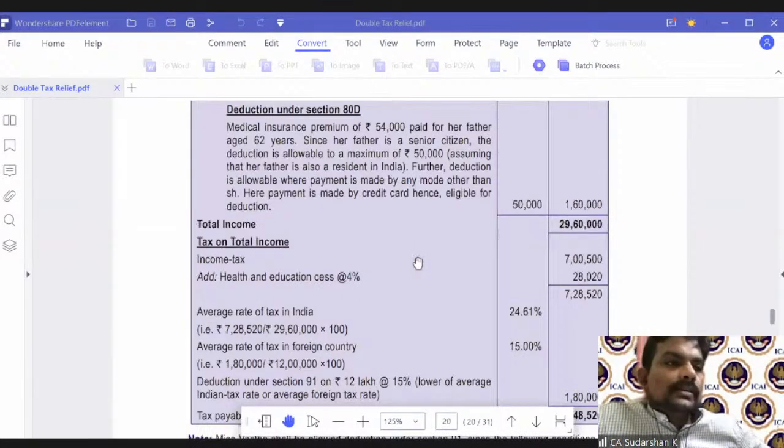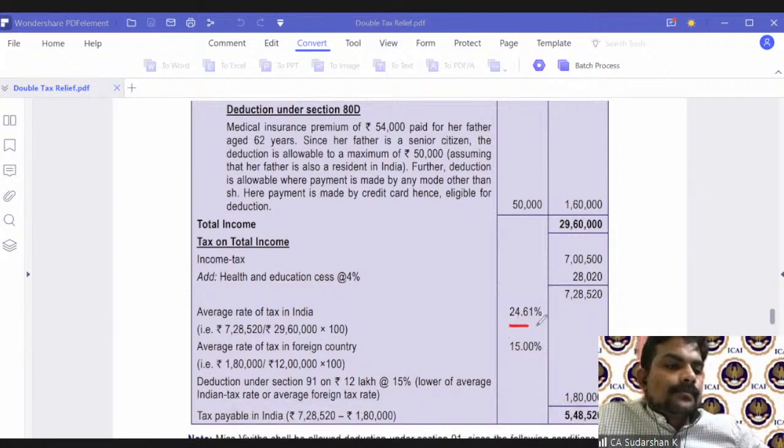noticed in question number 3, the average rate of tax in India worked out to 24.6%. And the average rate of tax in the foreign country came to 15%. So lower of.